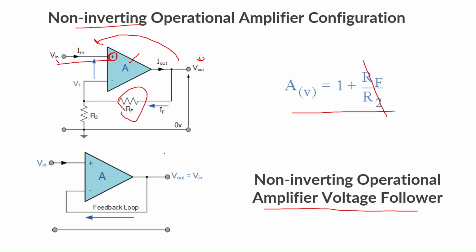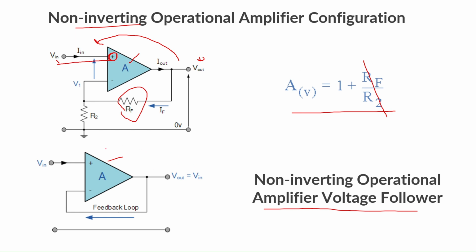This is the buffer. If we take this non-inverting operational amplifier, in this case there is no feedback resistance RF and there is no bias resistance R2, so this term gets cancelled and only 1 will be available, which means the gain of this non-inverting operational amplifier is 1, which means the output is equal to the input.